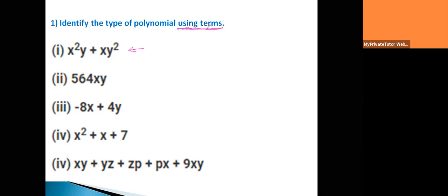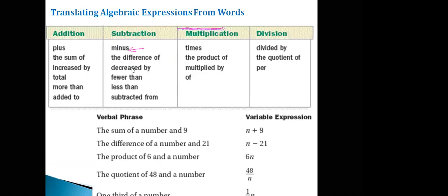Using terms, we learn 3 types: monomial, binomial, and trinomial. You confused? Binomial is the correct answer.